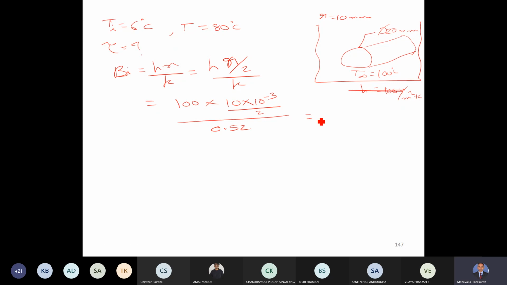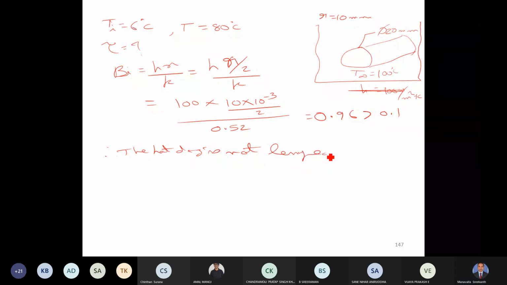This is 0.96, which is greater than 0.1. Therefore, the hot dog is not lumped. It's a distributed system.